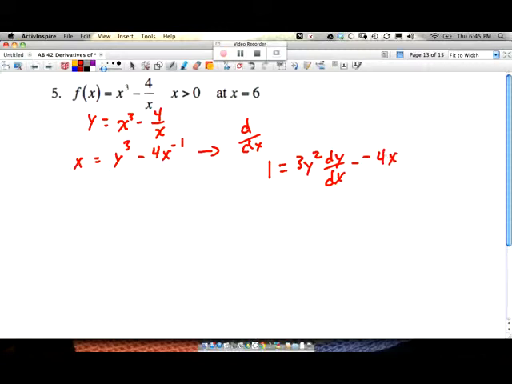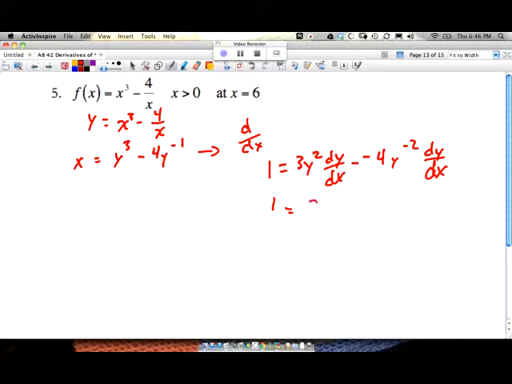Then we subtract 1 from that power, makes it negative 2. Whoa, what are we doing? That's not an x. Goodness gracious. This should be a y, which means I took the derivative of y. It means I need a dy dx. There we go.